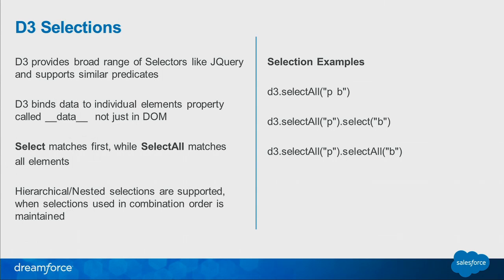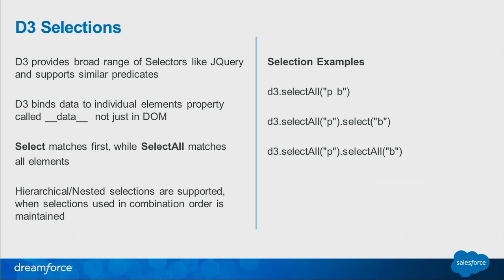So I mentioned the D3 selections. These are some of the selections available in D3, and folks who are coming from a jQuery background will find it very familiar. D3 selectors work similar to jQuery select, and support all the predicates. You can select an element by different properties like a CSS class, an element ID, or even a partial element ID.